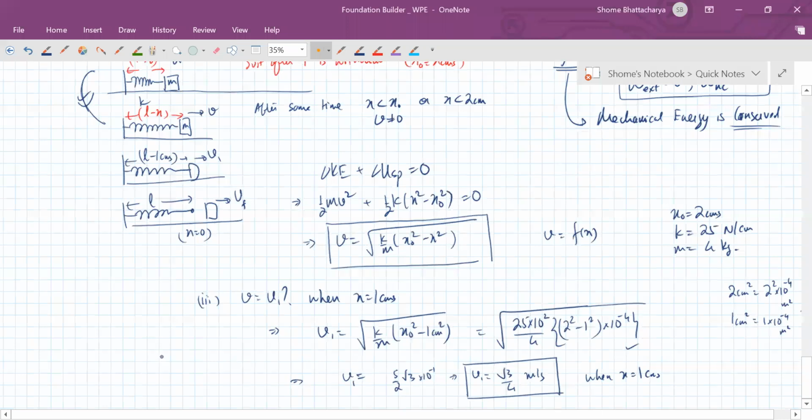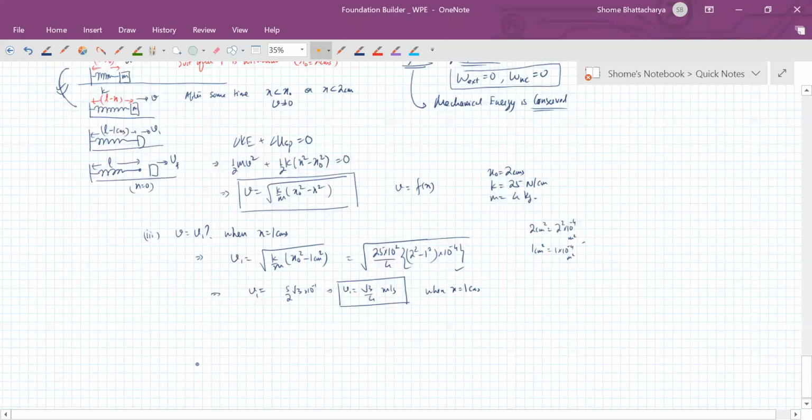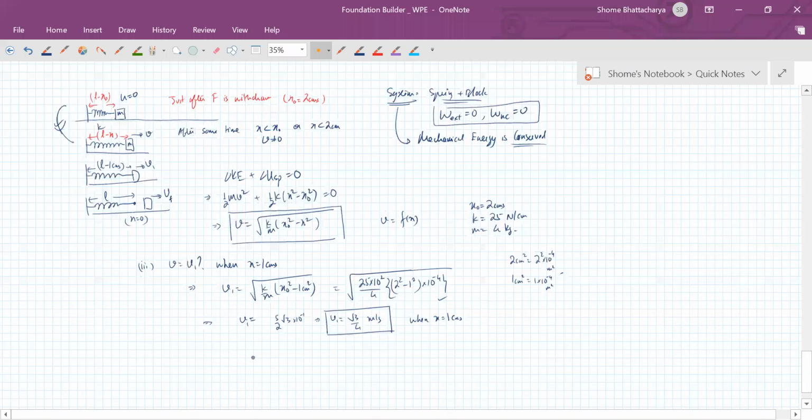So for the fourth part, you want to find V final when x is equal to 0. That is, the spring has released the block completely, so it's come back to natural length. So put x equal to 0 in this. V final will come out to be square root of k by m x naught square, so you can just write that as x naught into square root of k by m. x naught is 2 centimeters, so in SI unit, it will be like this.